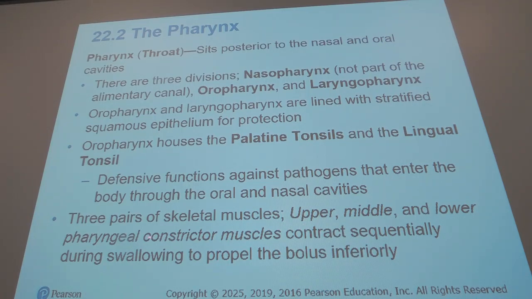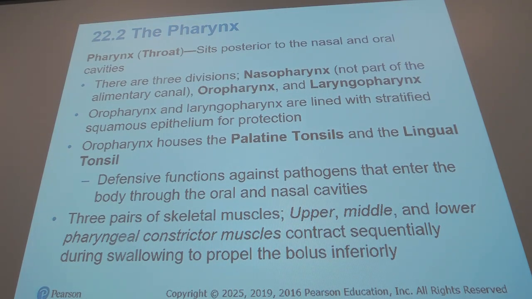And then the pharynx is a muscular tube with 3 muscles, the superior, middle, and inferior constrictor muscles, that sequentially contract and relax to funnel the food from the oral cavity into the esophagus.